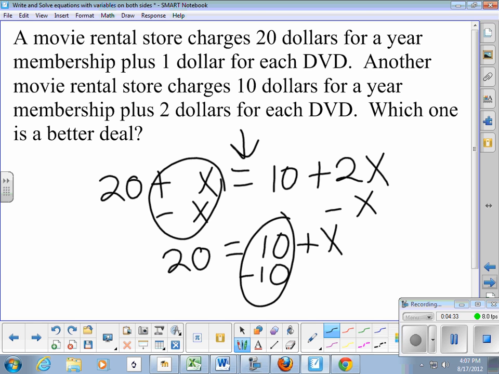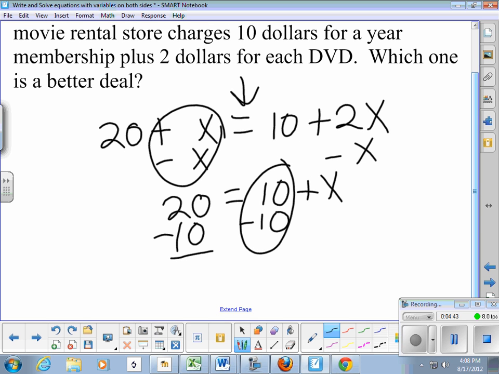Subtract 10 from each side leaves x plus 0, which is x. But whatever I do to the right, I have to do to the left. 20 minus 10 is 10. So what that means is that the cost for those two plans will be the same if I rent 10 DVDs.